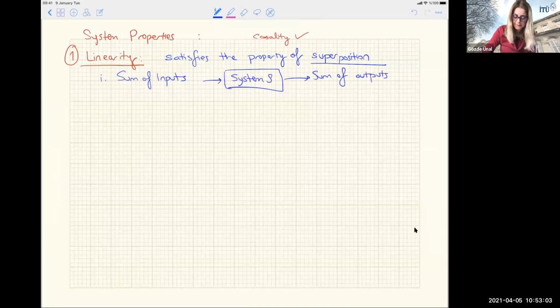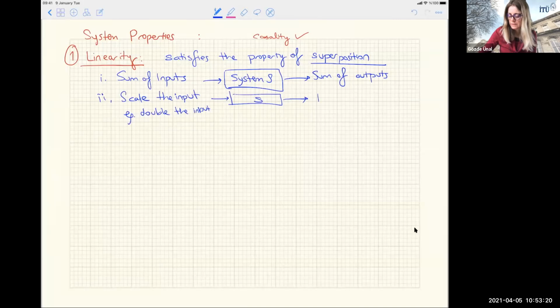And I can also scale the input, meaning, for instance, double the input. The system S doubles the output. Or I get a doubled, or scaled, output.